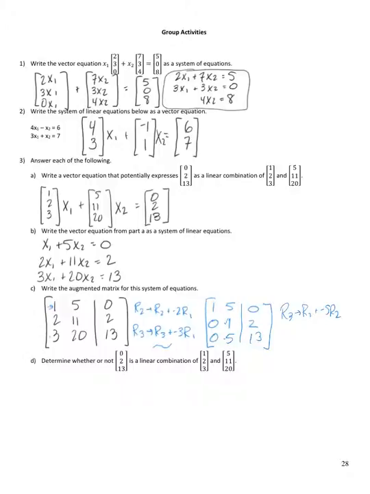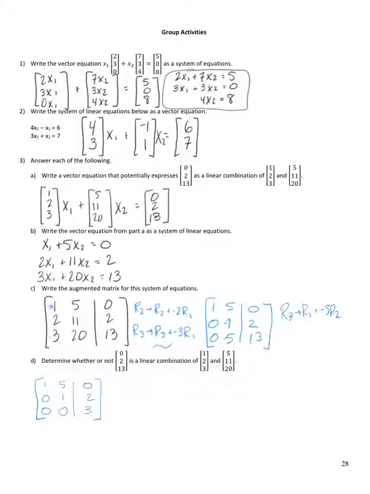Okay, so row 1 and row 2 we're not changing. I'll copy those. Okay, negative 5 row 2 plus row 3. So that stays 0. Negative 5 times 1 is negative 5 plus 5 is 0. Negative 5 times 2 is negative 10 plus 13 is 3.